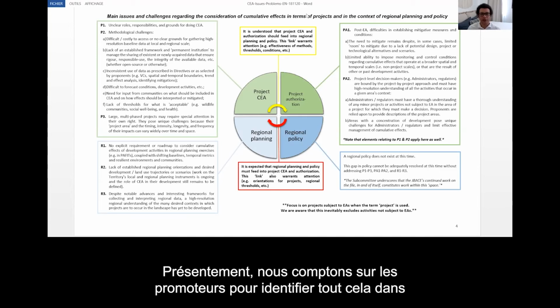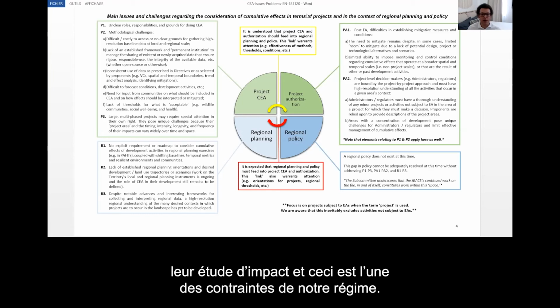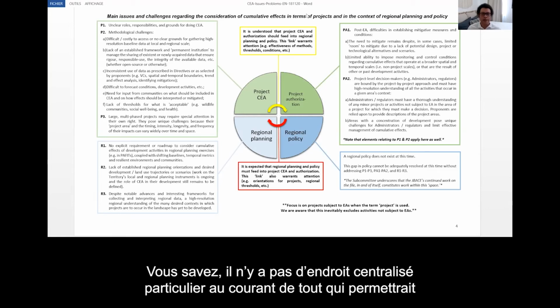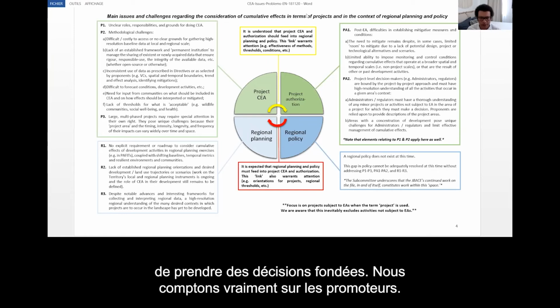And currently, one of the limitations with our regime is that proponents are relied upon to identify all of that in their impact study. So there's not one singular centralized area where we know exactly what's going on and then decisions can be made based on that. We really are relying on proponents.